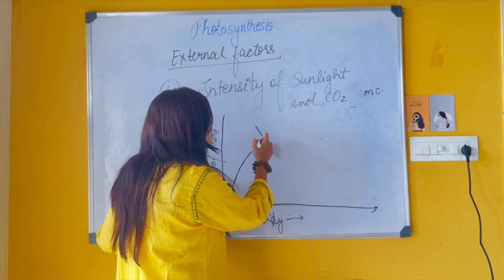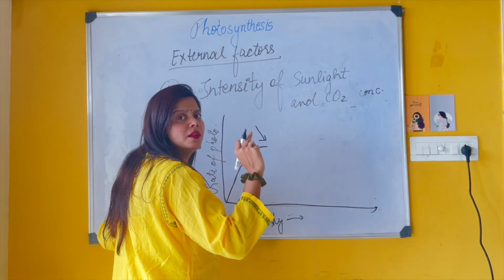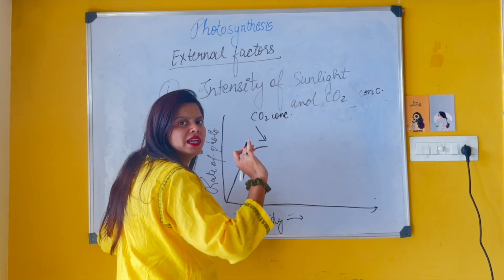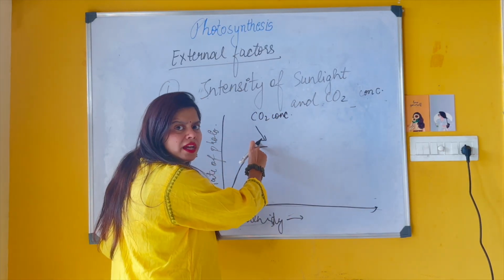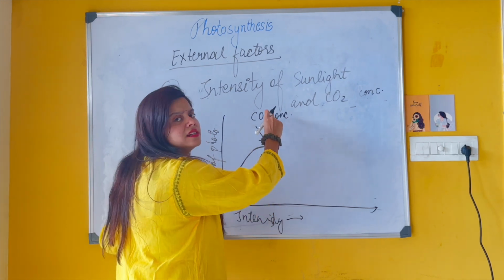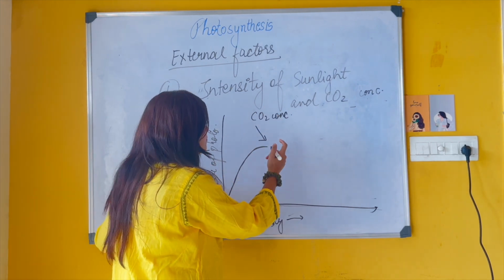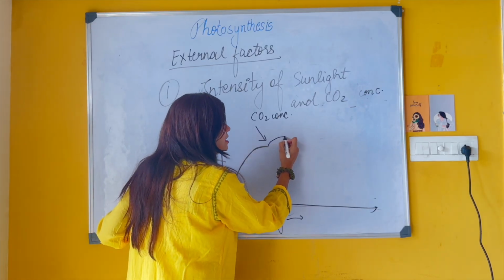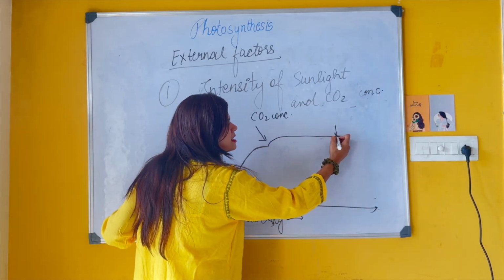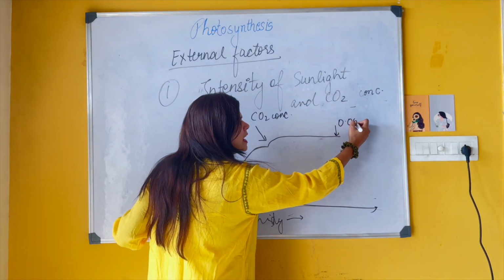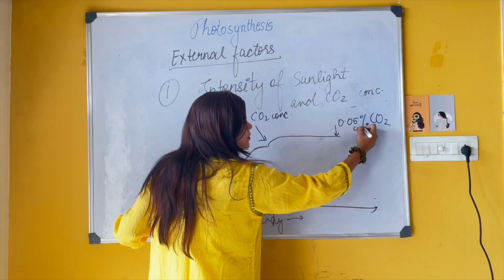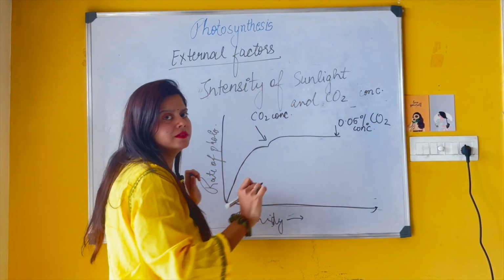At this point, what became the limiting factor? Carbon dioxide concentration became the limiting factor. At this point, if we increase carbon dioxide concentration, rate of photosynthesis will again show some increase, but will again stabilize at 0.05% carbon dioxide concentration. So what happened?